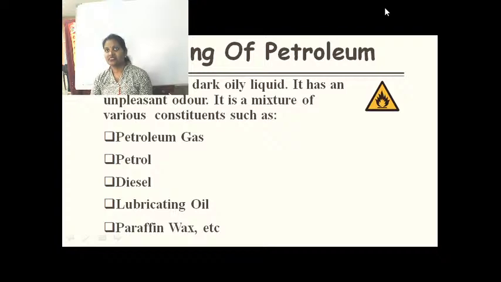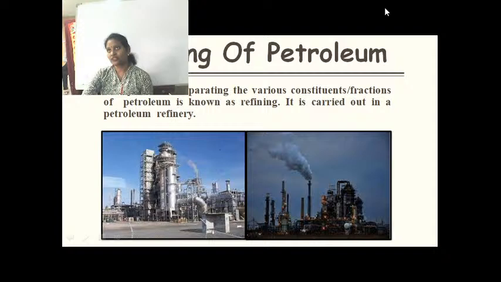By refining we get various constituents, for example petroleum gas, petrol, diesel, lubricating oil, paraffin wax, etc. Now here are the refineries where the petroleum is refined through fractional distillation.